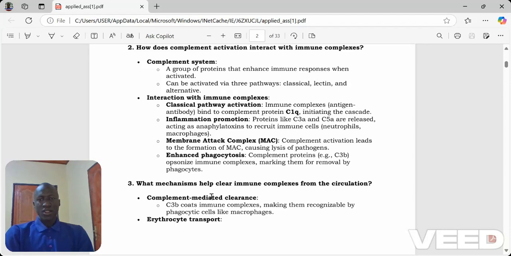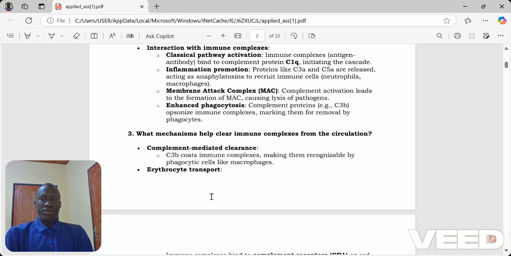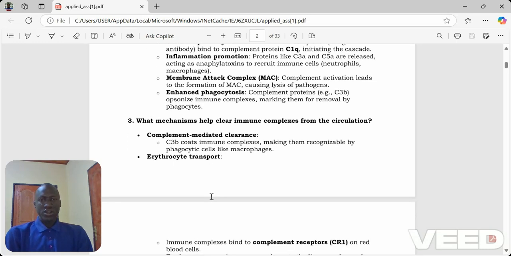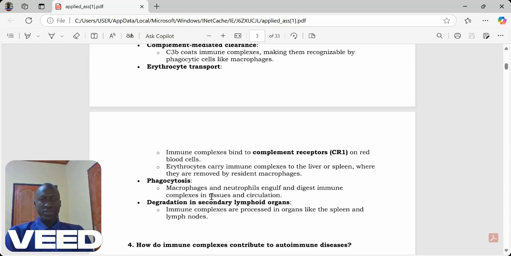Question 3: What mechanism helps clear complexes from the circulation? The mechanism includes complement-mediated clearance. C3b coats immune complexes, making them recognizable by phagocytic cells like macrophages. Erythrocyte transport: immune complexes bind to the complement receptor on red blood cells.